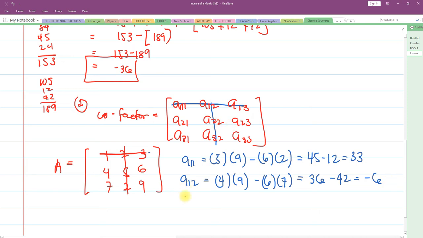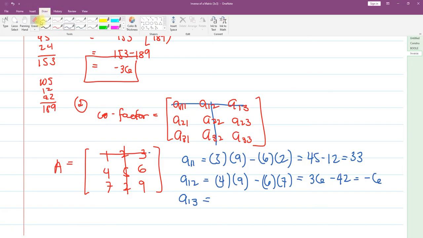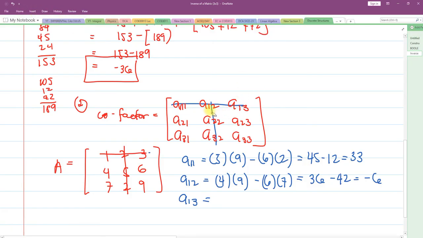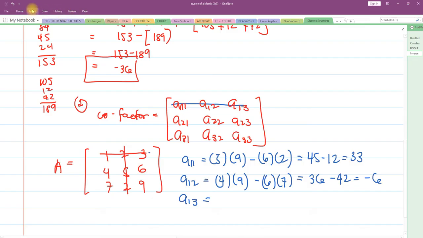Same thing happens with A13. What we are going to cross out with A13 is the row 1, and then, instead of the column 2, we are now going to cross out column 3. So A13, this is still row 1, cross out row 1, and then we have column 3.